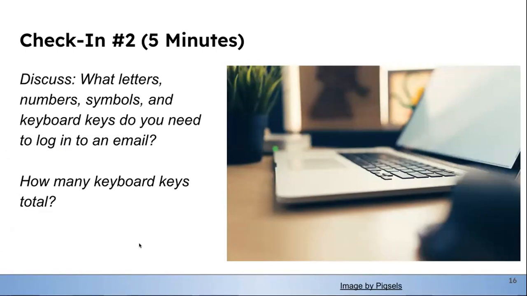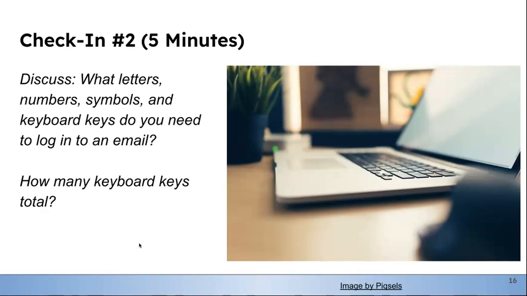Yes. I know something my students really struggle with is they'll do all caps for their username. So recognizing, oh, the little light on your keyboard means that your caps lock is on.